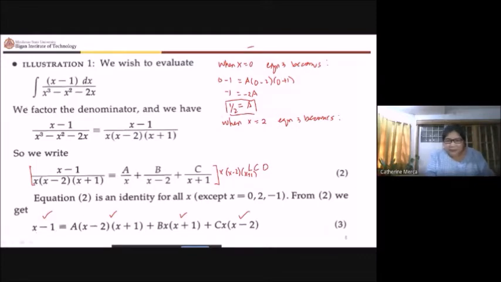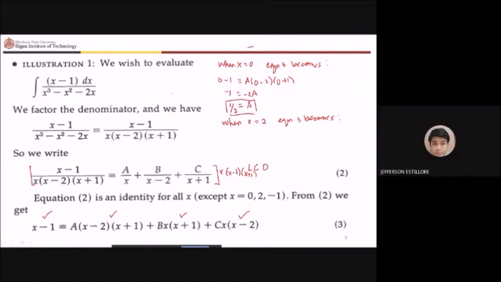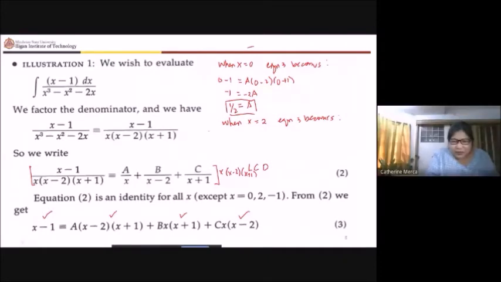Are you with me? Nasusundan pa ninyo? Yes, ma'am. Okay, good. So, 2 minus 1, you will have a, and then 2 minus 2 man. So, ma-0 na po ni. 2 minus 2, ma-0 na po. Correct? So, 0 na siya.